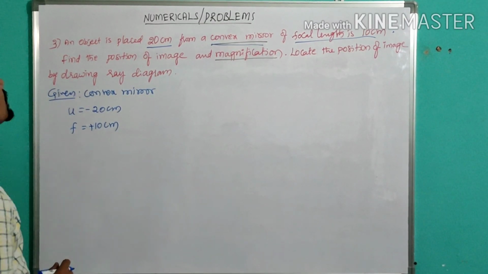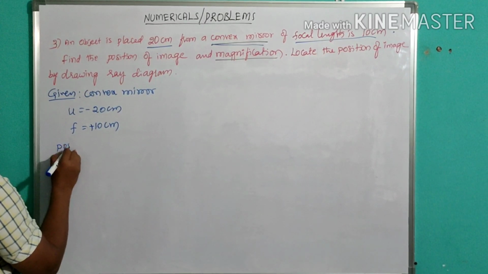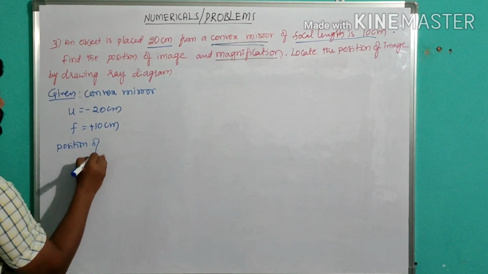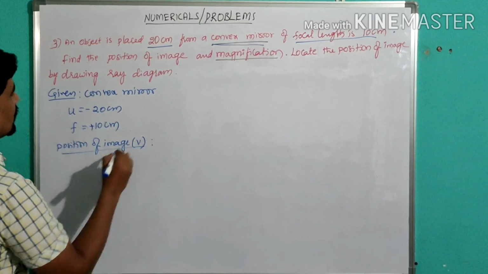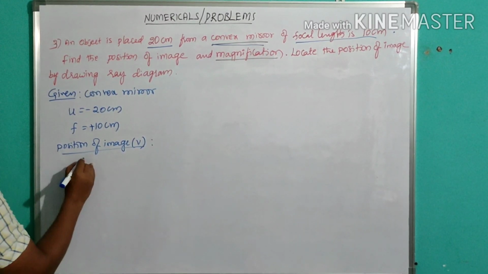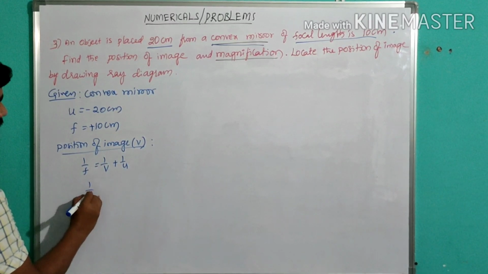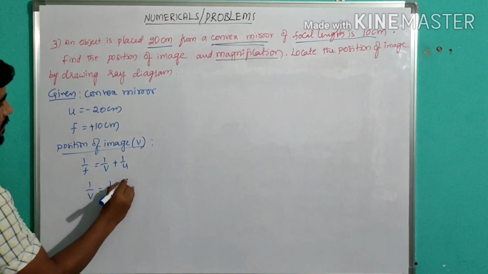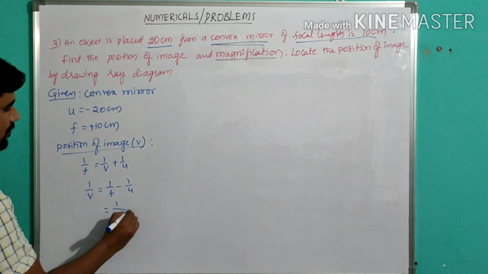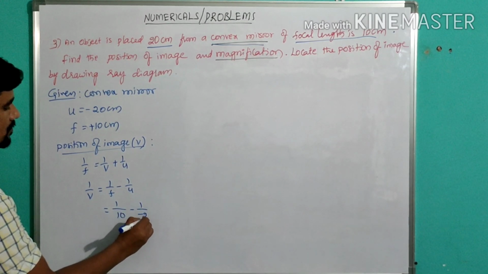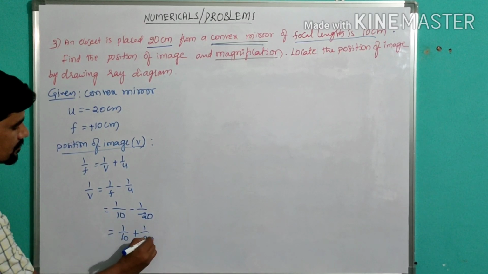Now the first question is to find the position of the image. Position of the image is nothing but the image distance. The relation between u, v and f: 1 by f equals 1 by v plus 1 by u. Write 1 by v as the subject: 1 by f minus 1 by u. Substitute the values. 1 by f, value 10, minus 1 by u, value minus 20. 1 by 10 minus of minus is plus.